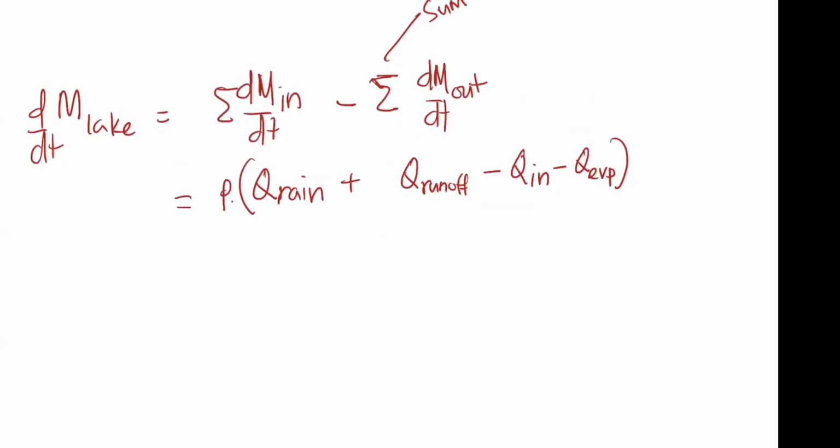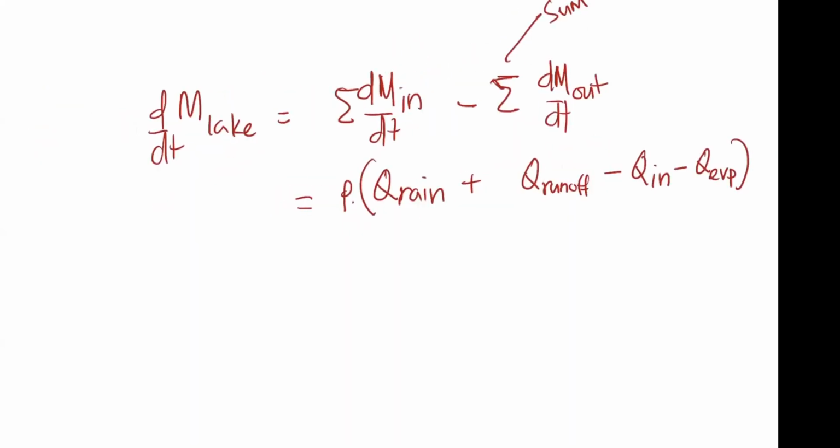That's the right side. The left side is a volume. So mass equals density times volume. So d by dt of density of water times volume of lake. Density is constant, so it can come out of the derivative. So it will be density times d over dt of volume of lake, how the volume changes over time, equal to the density times all that.